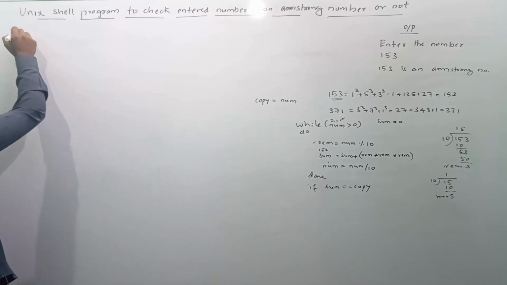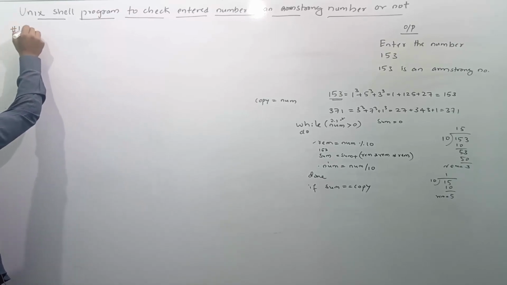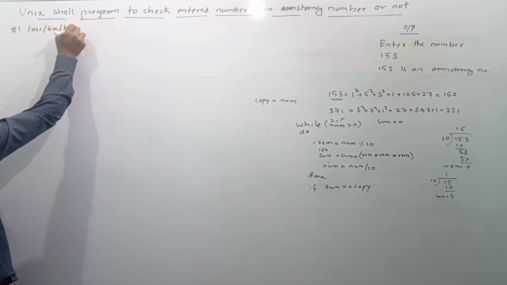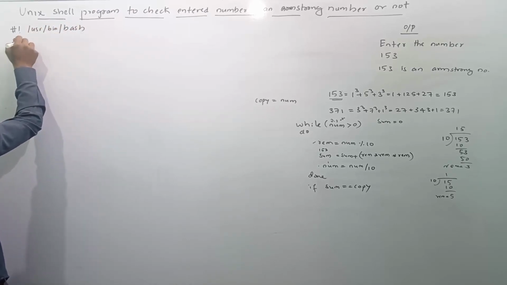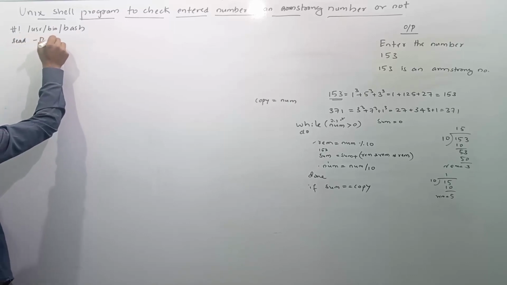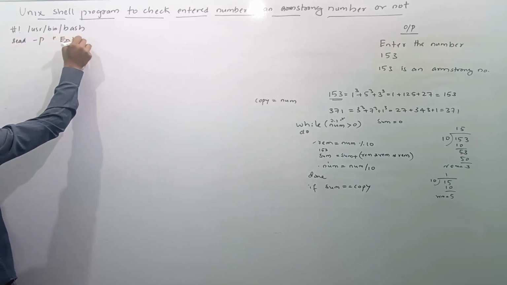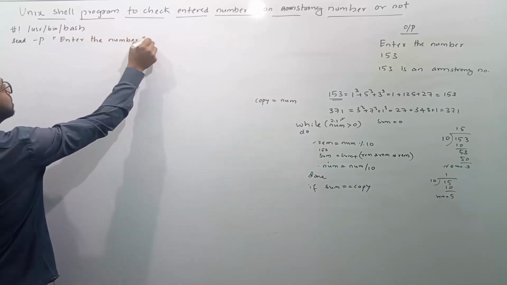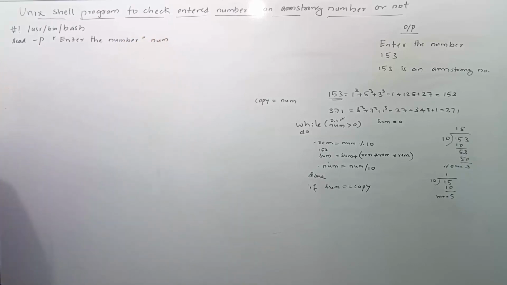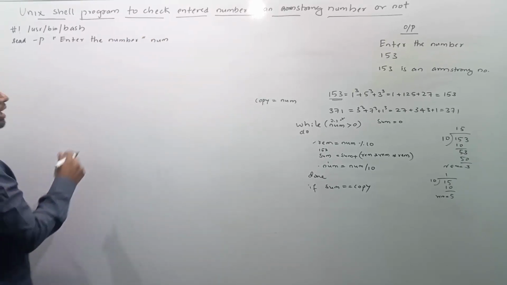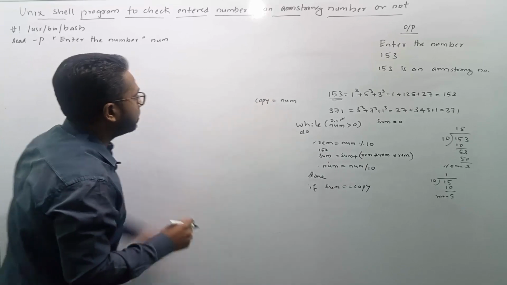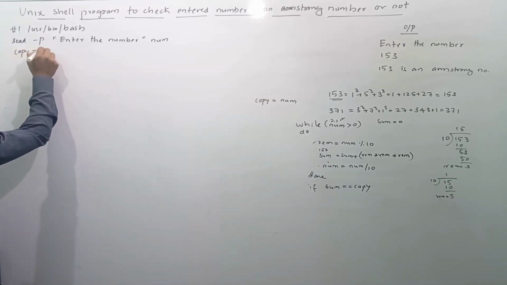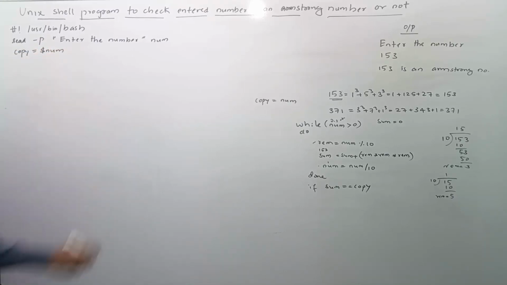I will start the program with the shebang #!/usr/bin/bash, then read -p "Enter the number" num. Okay, next, as I have said, I need to make a copy of variable num. copy=$num.